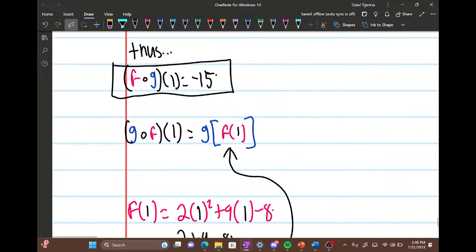So g of f of 1 is now going to be equal to g of 3.